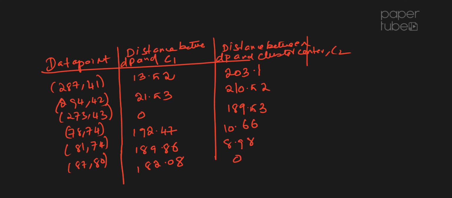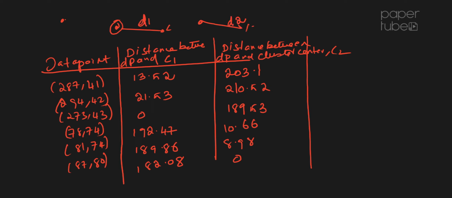And then now check the distance between each data point and the cluster centers, which is C1 and C2. So I'm going to call the distance between each data point and the cluster center C1 as D1, and the distance between each data point and cluster center C2 as D2.